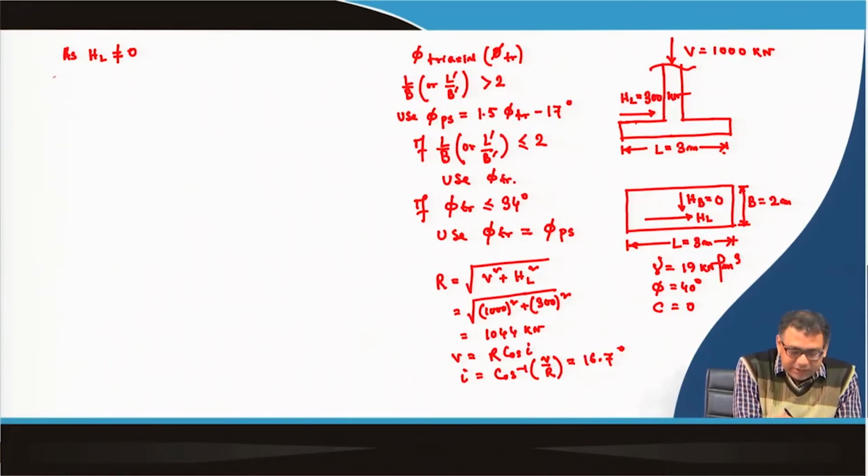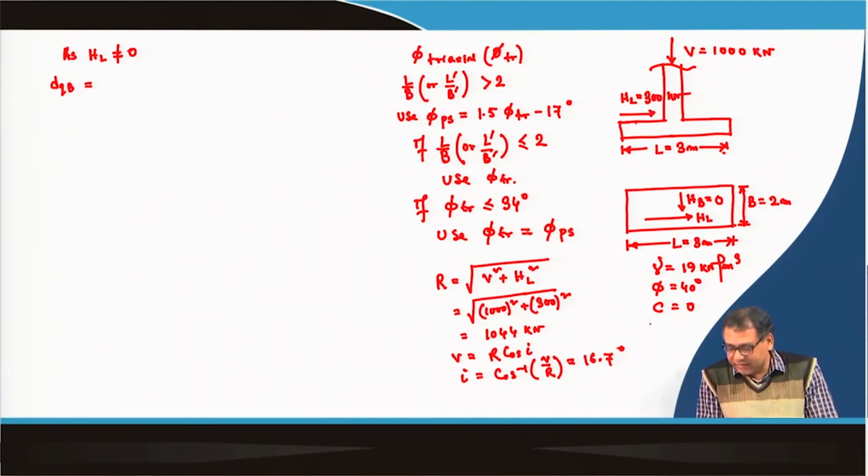So now my d q B is equal to, and I am not going for d c, because c is equal to 0, so the first term I am not calculating.